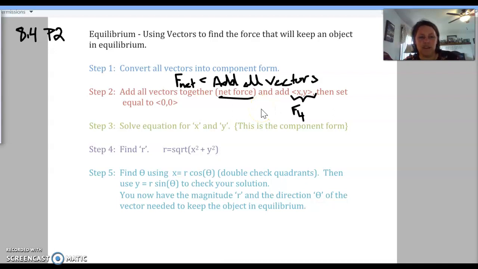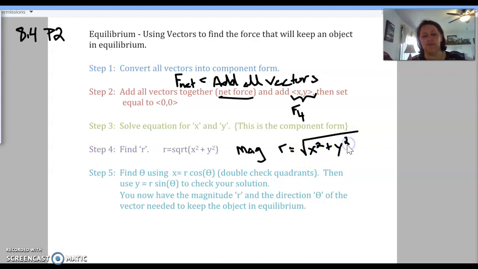Step number 3, solve the equation for x and y. And it's going to be in component form. If we need to find the r, or the magnitude, and the theta, then we can also continue on to that. To find your magnitude, that is equal to the square root of x squared plus y squared.